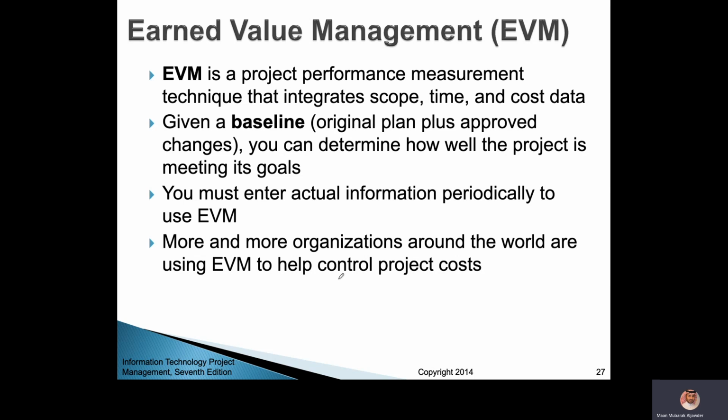Okay, and imagine if you are building a building, a 12-story building. You reach the deadline and you didn't exceed the budget, but you finished only 6 stories. You didn't finish the whole building. You can say, well, we finished the project on time, and we didn't exceed the budget.